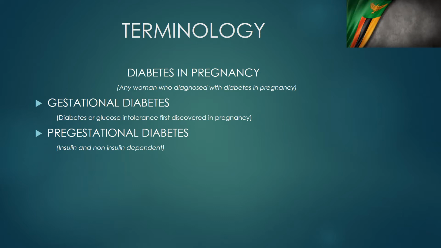So this woman was on treatment for diabetes, her diagnosis was already made, and now she's become pregnant. That's pre-gestational diabetes, and that's not the discussion for today. Our discussion is gestational diabetes, a woman who was not known to be diabetic before she was pregnant. Now she's pregnant, and we've recognized diabetes right when she's pregnant.